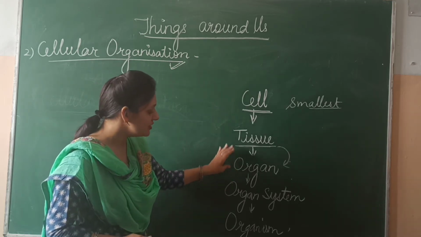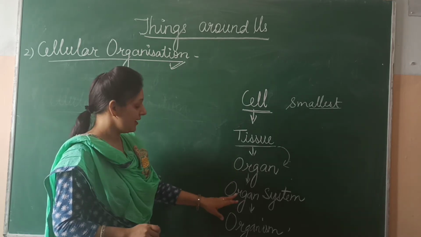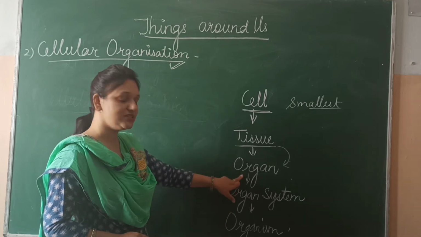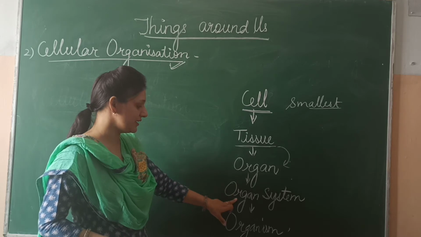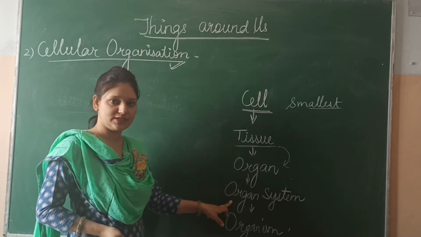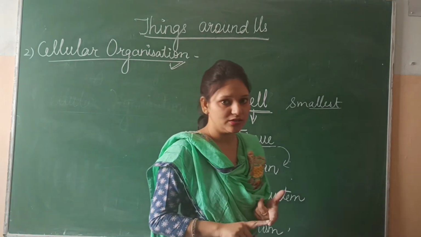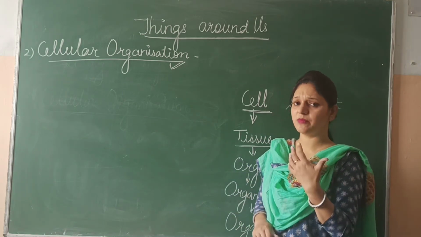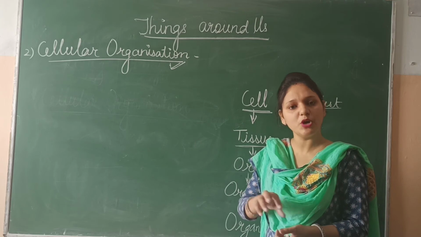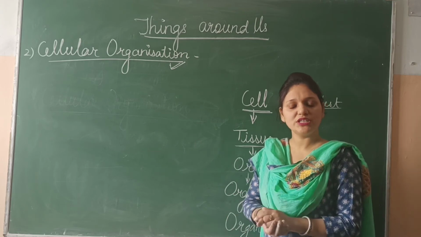So when these organs which are performing the same function unite, they form an organ system. Like if I talk about tongue and stomach, what is the relation between them? Tongue is in our mouth, whereas stomach is located in the abdominal part, inside the body.